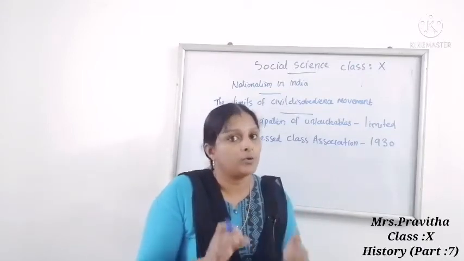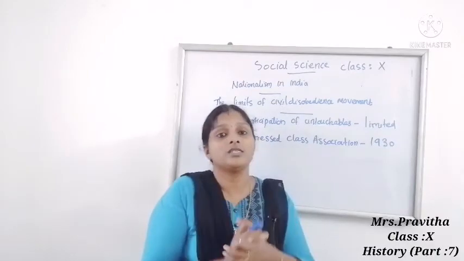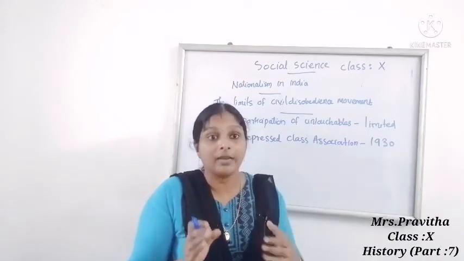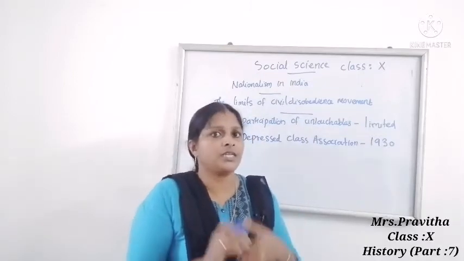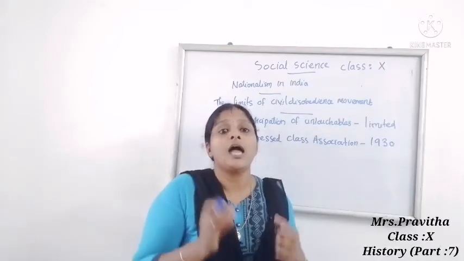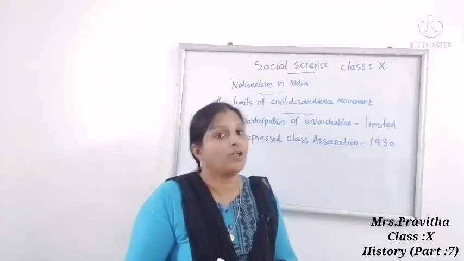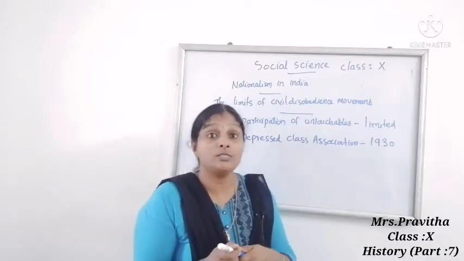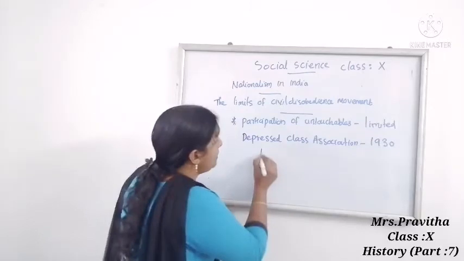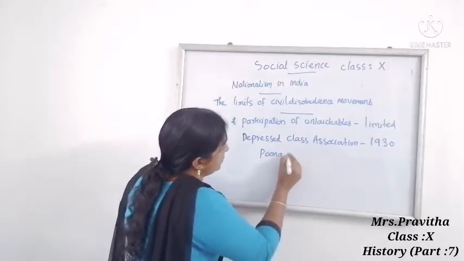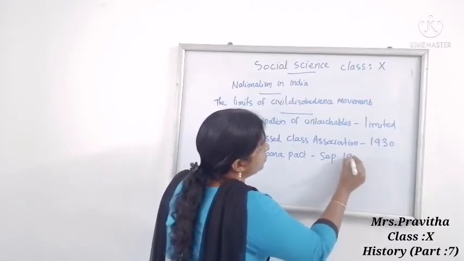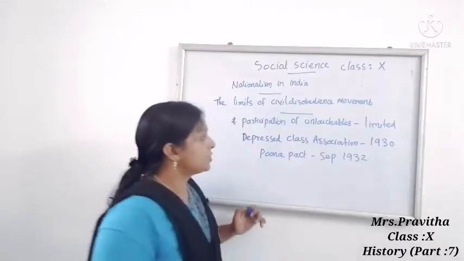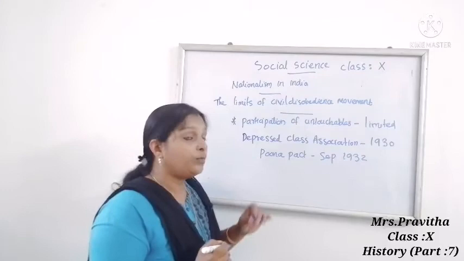So Gandhiji opposed this and started a fast unto death. Ultimately, Ambedkar accepted Gandhi's position, and it resulted in the signing of a pact, known as the Pune Pact, signed in September 1932.